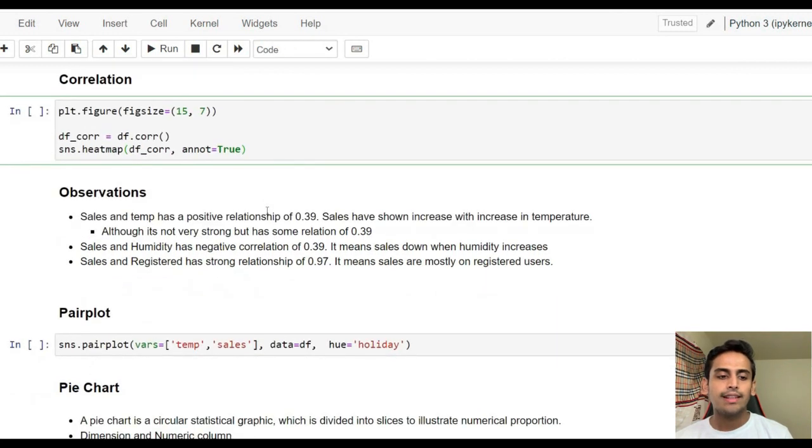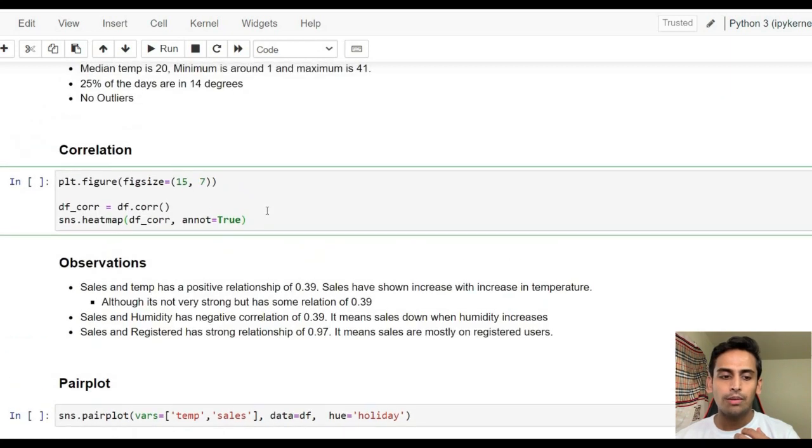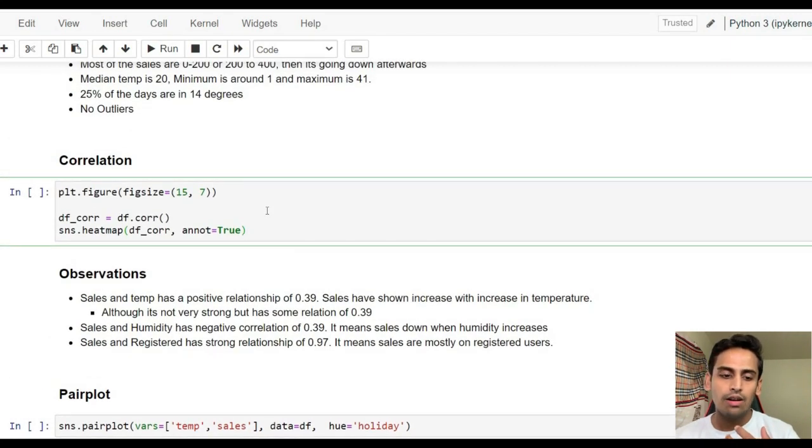Now let's understand the next graph, which is correlation. Correlation is very useful when we want to understand the relationship between one variable and other variables. For example, here I see the sales column. Is there any kind of relationship between, let's say, sales and the temperature?